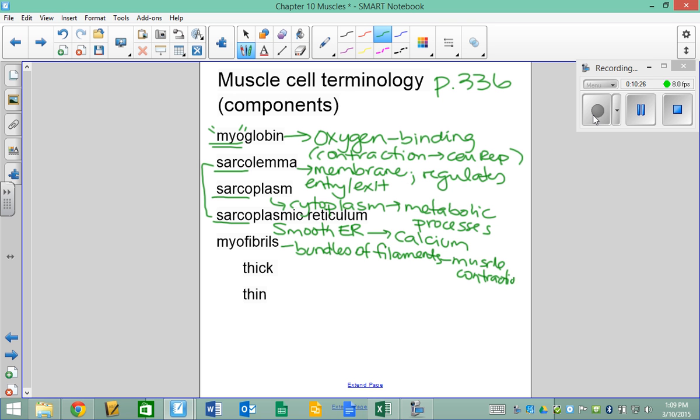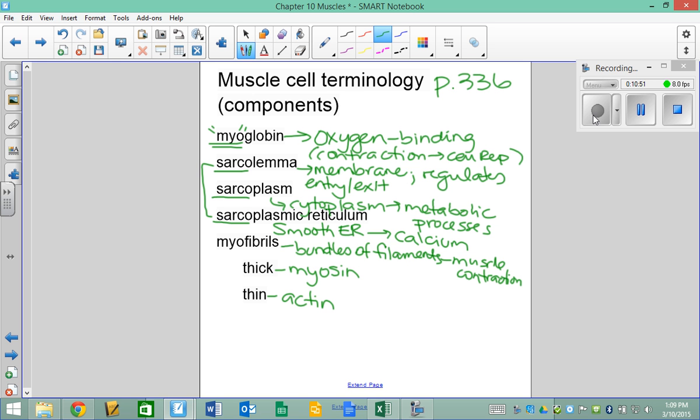That's the topic where we'll discuss some specific details about them. Now we have a thick one and a thin one. The thick one is called myosin, and the thin one is called actin. And we'll see in our class tomorrow when we talk about the mechanics of muscle contraction at a cellular level, what each of them does.